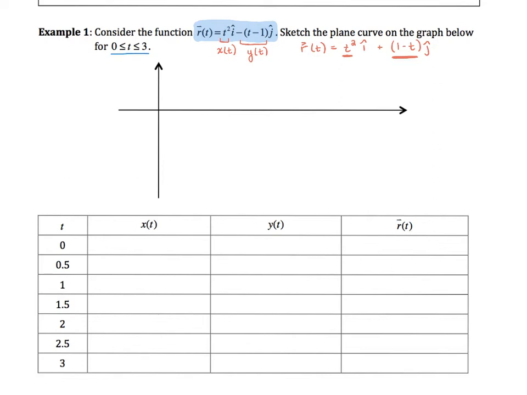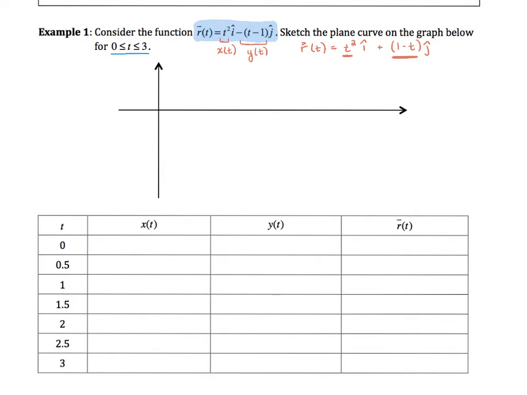All right, so here the domain has been specified. If the domain has not been specified, you are generally going to be limited by the most restrictive domain that you have in one of your components, okay?